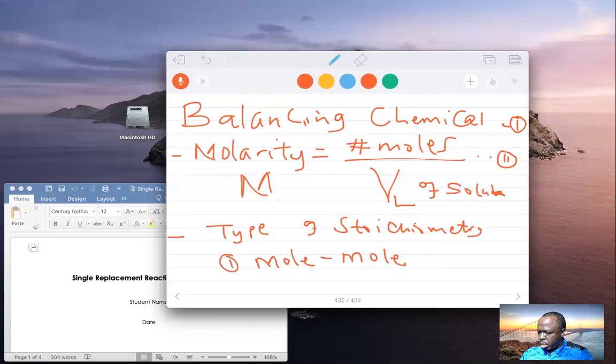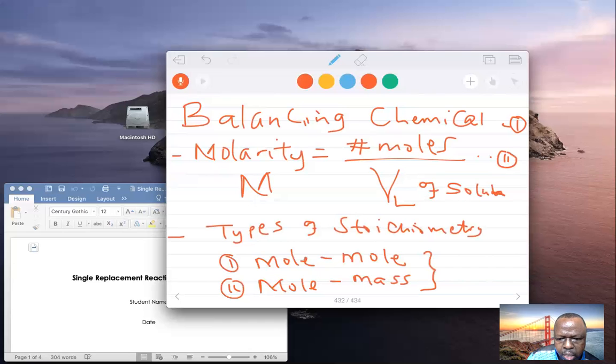And you need to have mole to mass, that is changing from moles to mass using the molar mass. I'm not going to dive into other types of stoichiometry, but what is relevant as far as this lab is concerned are the two types you see here: mole to mole using the balanced equation or the mole ratio, and mole to mass using the molar mass of the reagent.